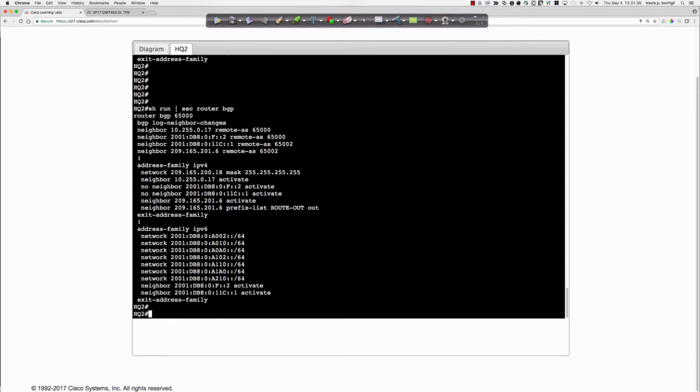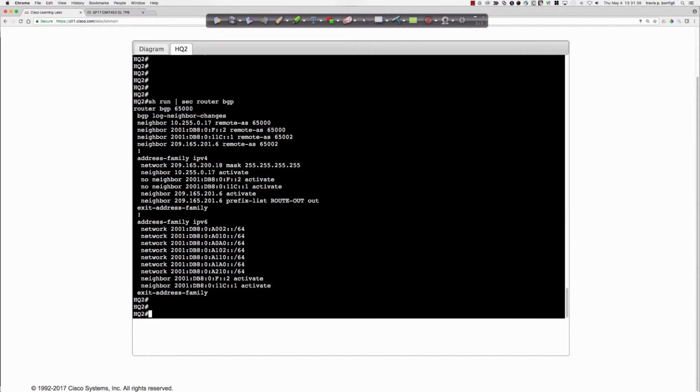And so here is the BGP configuration, and it looks like we are doing multi-protocol BGP. And yes, again, this is dual stack, straight up multi-protocol BGP. And remember, we've got these no neighbor statements here because we're not activating the IPv6 neighbors under the v4 address family.